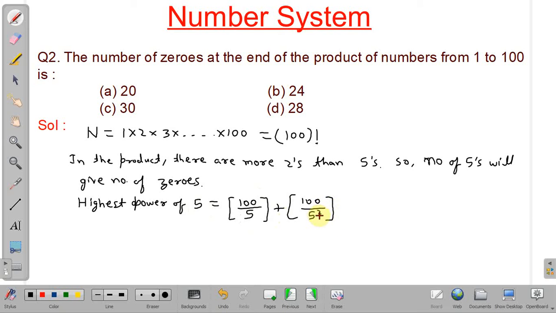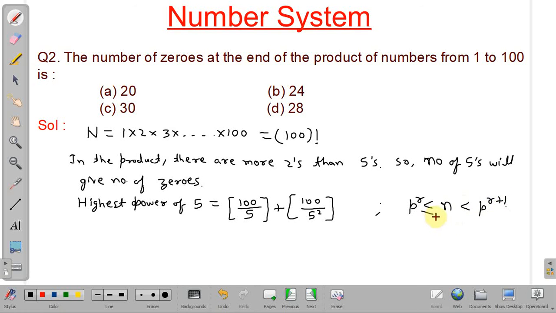And so on, until p to the power r is less than or equal to n, where n is 100, and this is less than p to the power r plus 1.